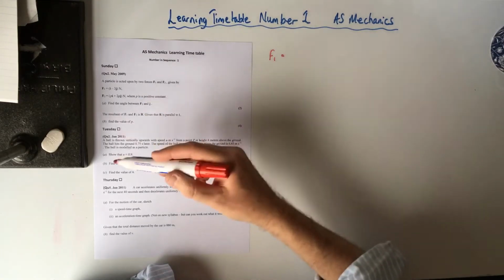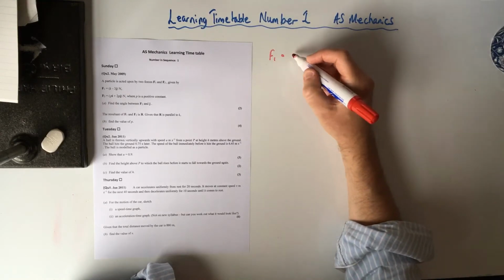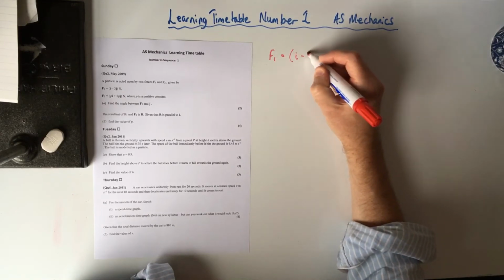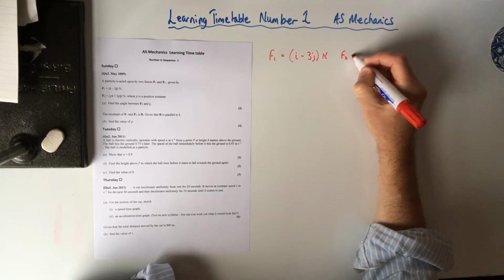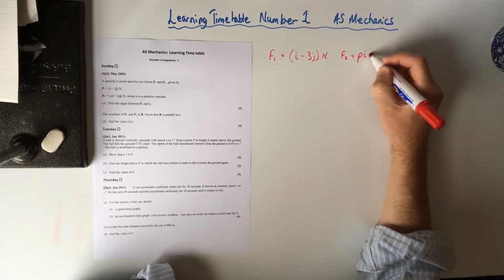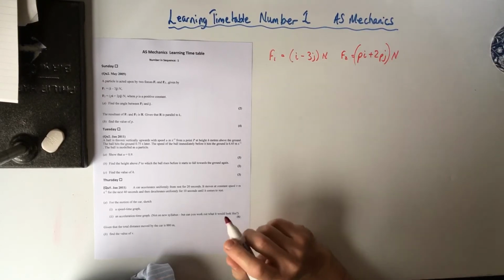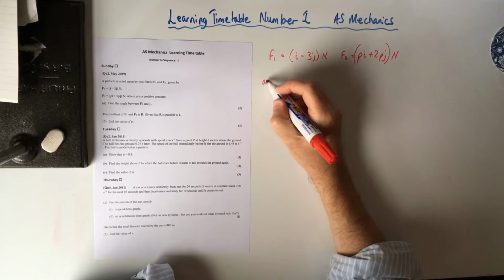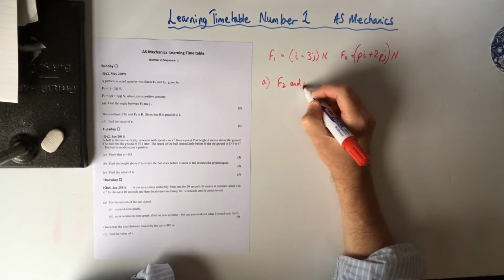These are all M1 questions. So F1 is i minus 3j newtons, and F2 is pi plus 2pj newtons. A: find the angle between F2 and j.